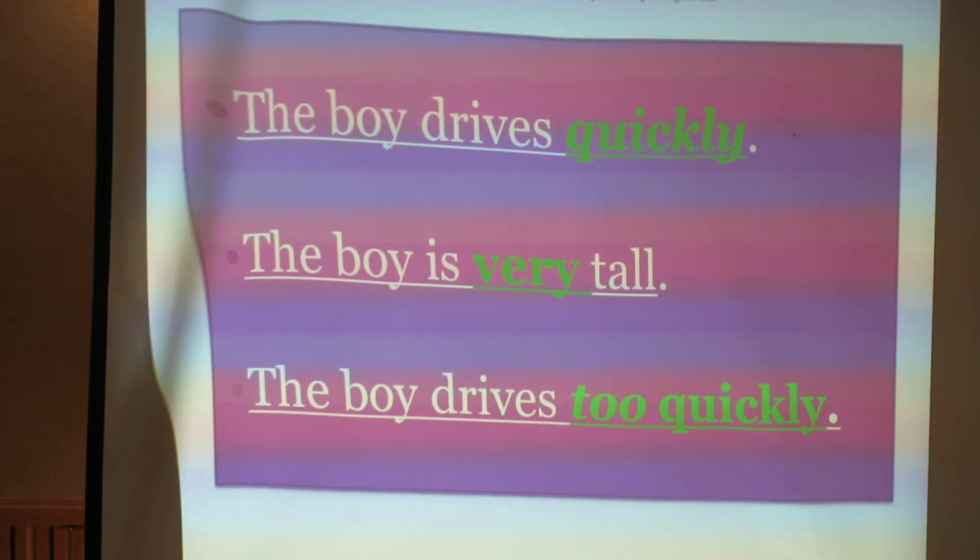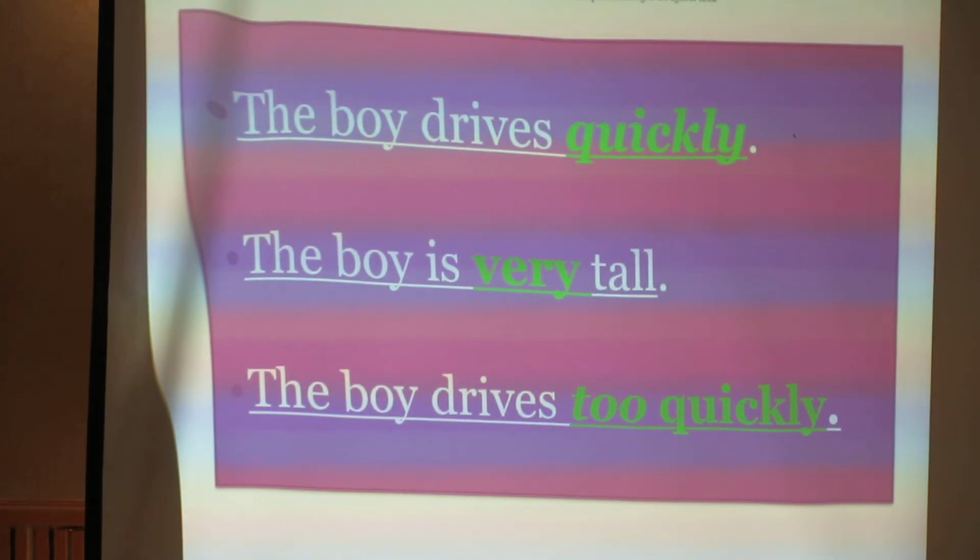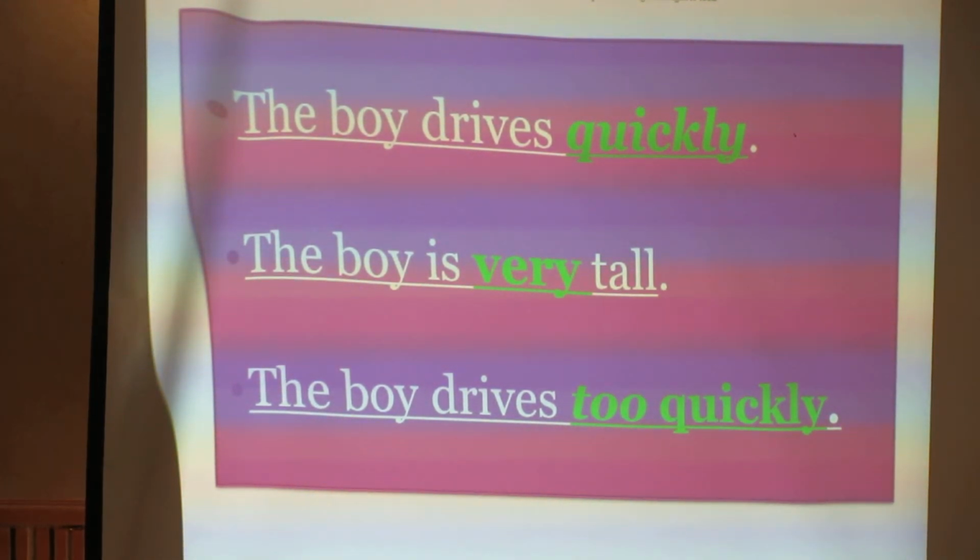I need to hear the meaning of quickly from the students in Arabic. Quickly. What does it mean? Yes, anyone. Rahim. That's good. بسرعة. Quickly. Now, this word quickly, what does it explain? Does it explain the subject, or does it explain the verb drives?